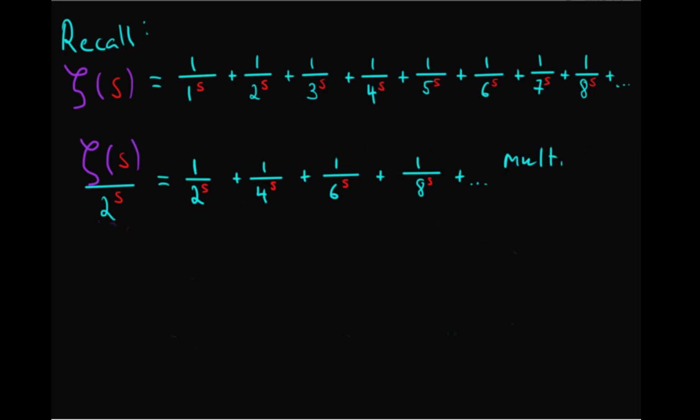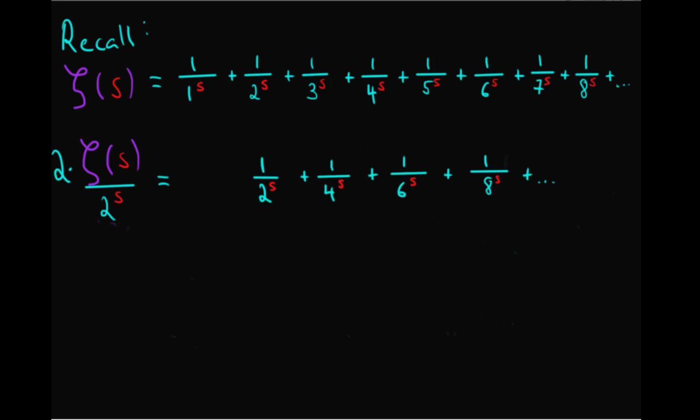And now what I want to do is multiply both sides of zeta of s over 2 to the s, and what that equals, I want to multiply both sides of this equation by 2. Okay, so then when I do that, I have 2 times zeta of s over 2 to the s equals 2 times this infinite series.